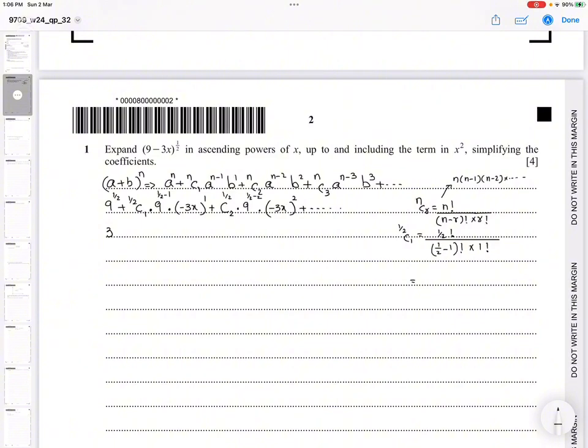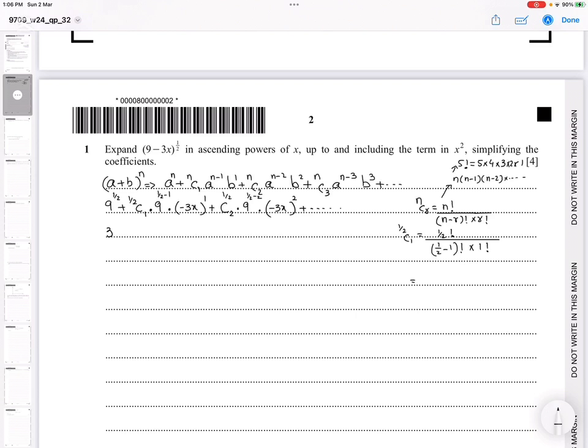Suppose your n is 5, so 5 factorial means 5 times 4, 3, 2, and 1. You end up at 1.